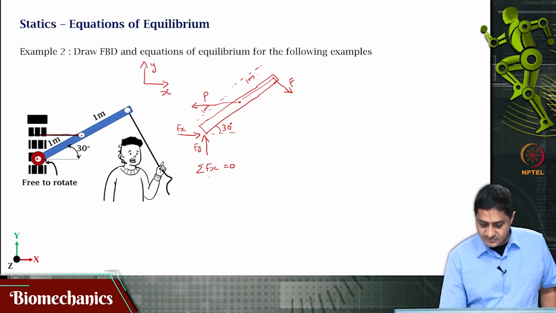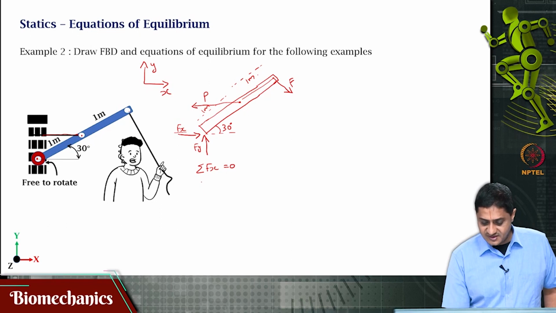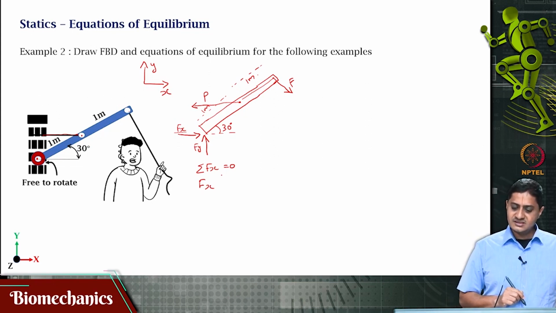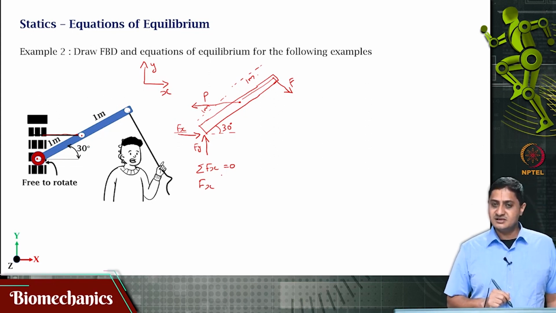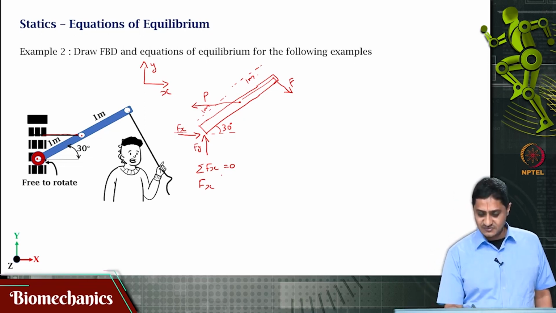Fx, this is the force along the x direction. This Fx is different from this Fx. So, Fx is the reaction force in the x direction, and then there is the force P along the x direction. It turns out the force P is along the negative x direction, so I can straight away write it. Is that correct?